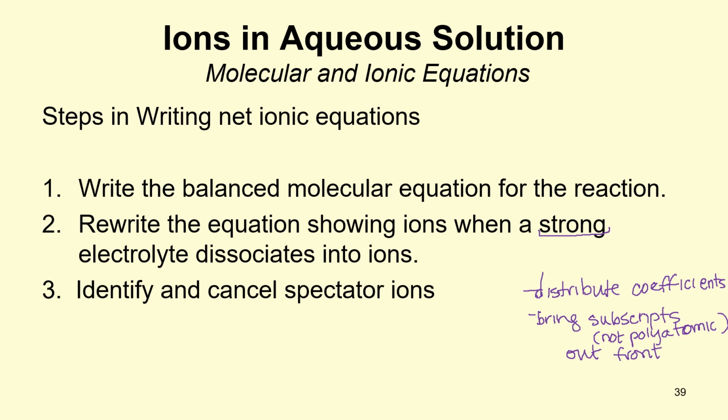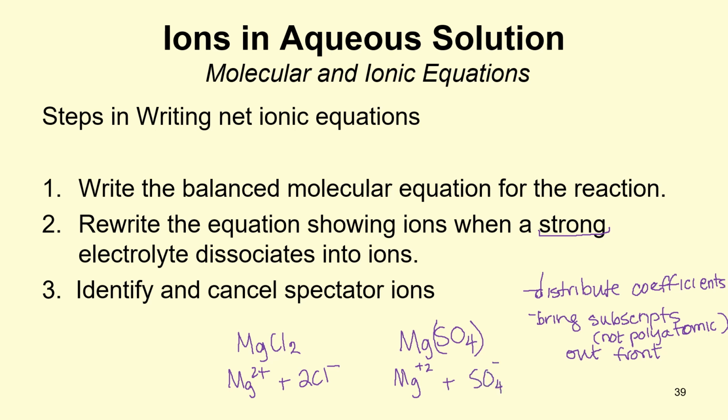Right, so just to review, if I have MgCl2, since Cl is by itself, I would have Mg and 2Cl negative. However, if I had MgSO4, notice that that's a polyatomic. I've got one Mg and one SO4, so this would be written as 1 and 1. So be really careful with those.